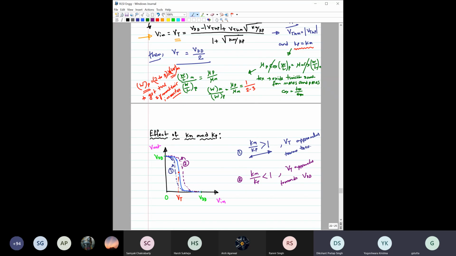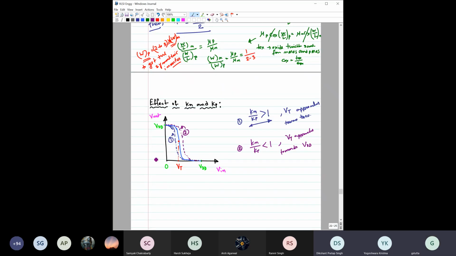So you can change the width and fix this value of Kp by Kn. Depending on some requirement, that is the thumb rule to tweak the threshold voltage or shift this VTC either towards 0 or towards VDD. So this is from this equation, and that is fine.